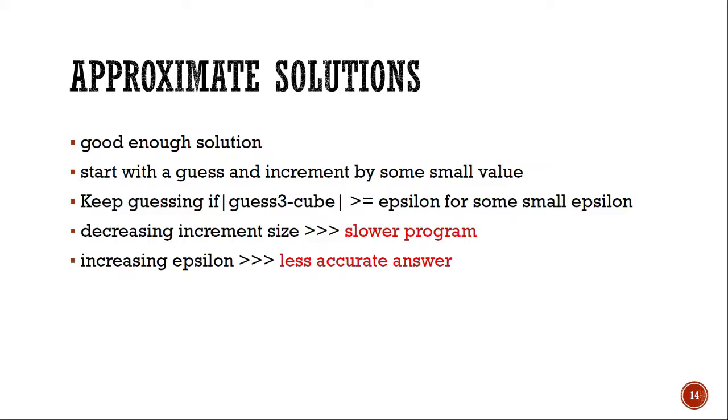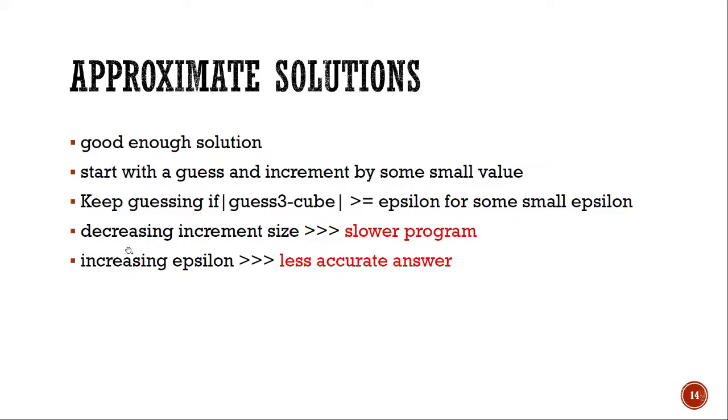This is done typically to reduce the complexity of the problem, because we don't need to find the exact cubic root, but rather a close enough estimate of that cubic root.